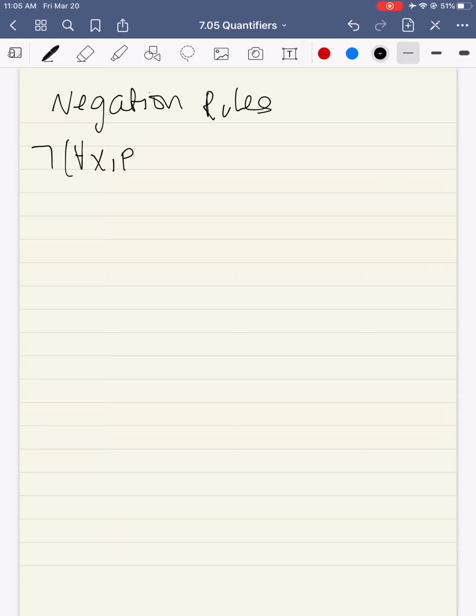The negation of for all is going to be logically equivalent to there exists some variable x such that not P. So similar to when we were doing our negations for our propositions, it's going to work very similar.